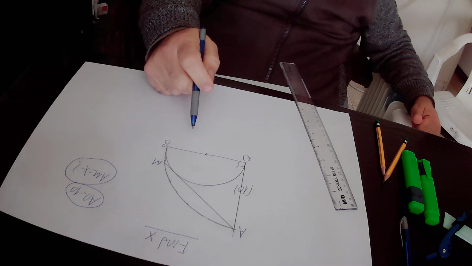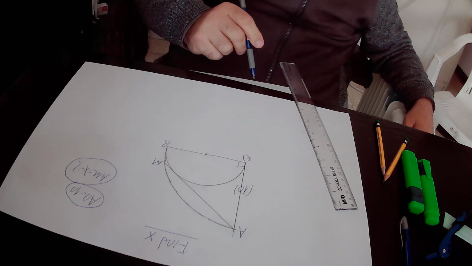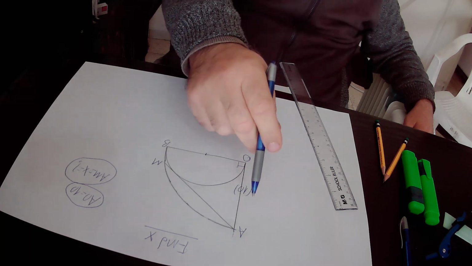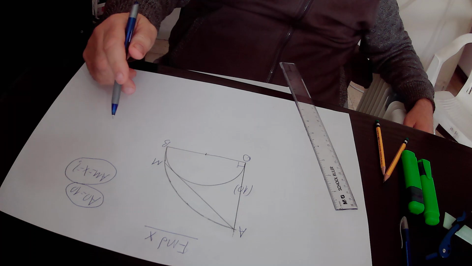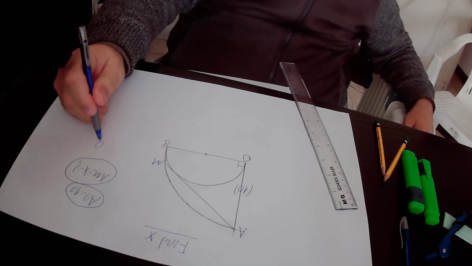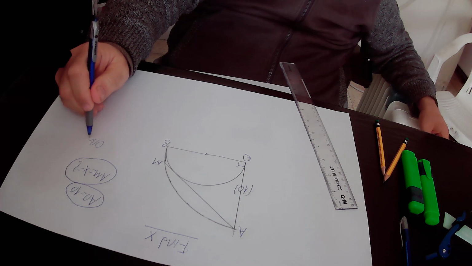They are both the radii of this quarter circle, therefore they are equal to each other. But we know that AO equals 10, therefore OB must also equal 10 units. They are both the radii of the quarter circle.